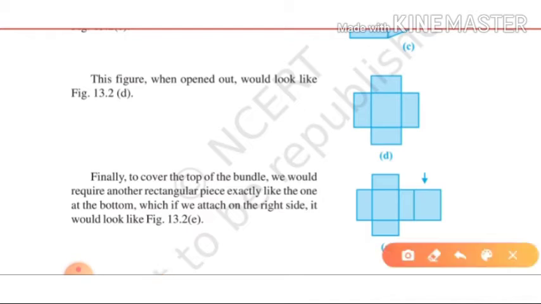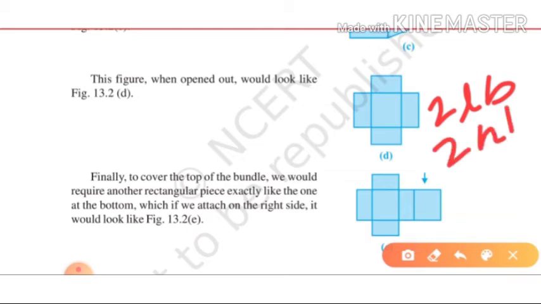L into B will have 2 faces, so 2LB. H into L will have 2 faces, so 2HL, and 2BH.